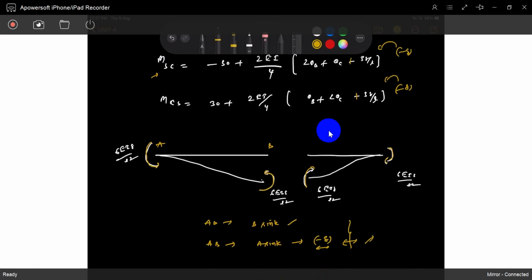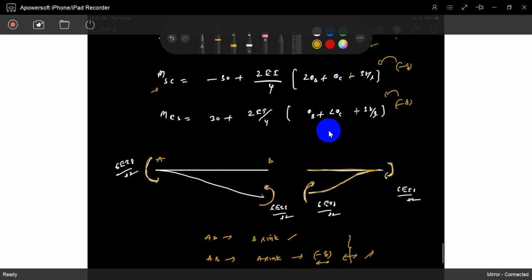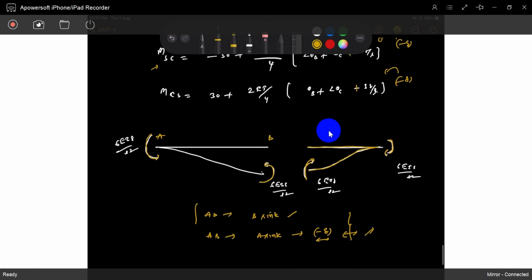Otherwise, if you have some good knowledge about how the moments are generated, you can directly write it. See, it's sinking, and these are the moments generated in this direction. You already know it, so both are clockwise direction, so you can write directly positive. Otherwise, if you remember like this: in the AB span, if B sinks, it's okay, the moment equilibrium equations are exactly the slope deflection equations. But in the AB span if A sinks, you have to take negative.